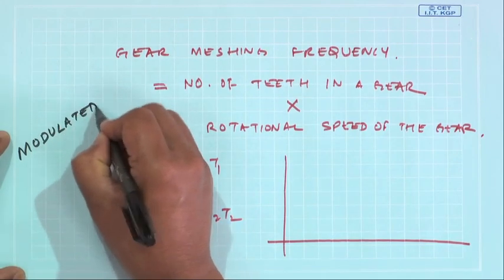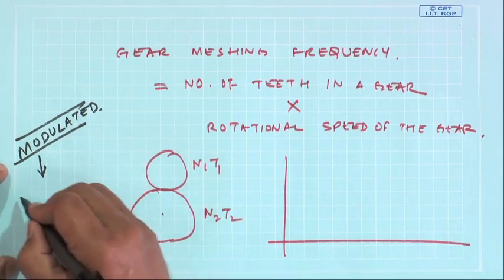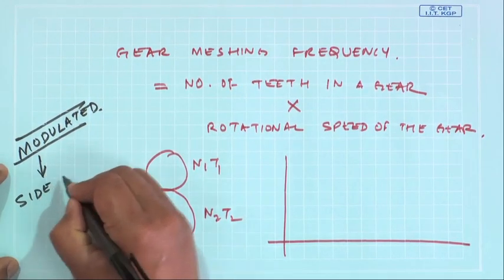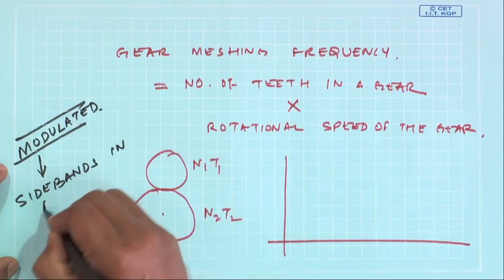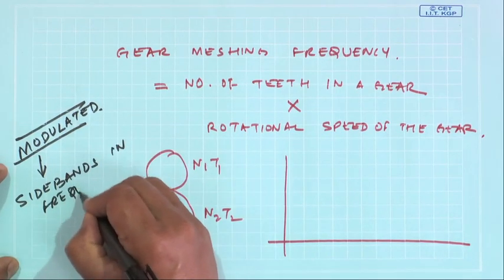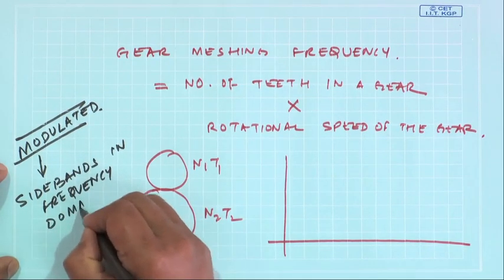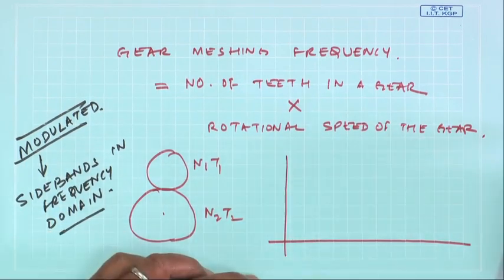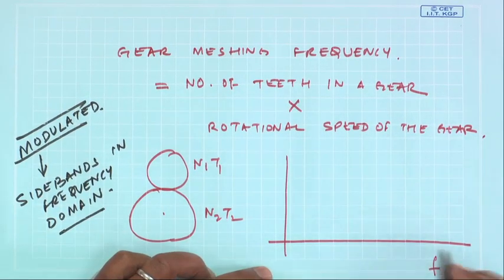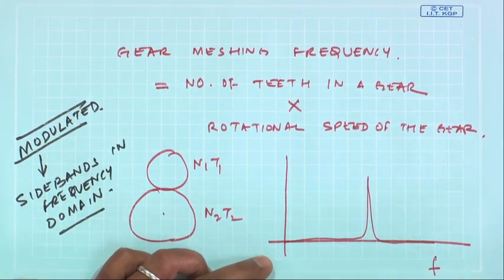And as you recall, modulated signals in the time domain will give side bands in frequency domain. So, characteristics of gear vibrations in the frequency domain is actually presence of side bands.